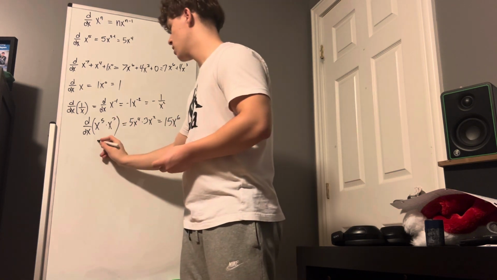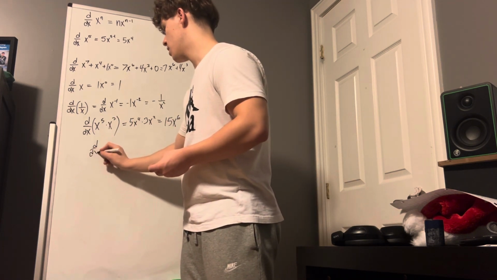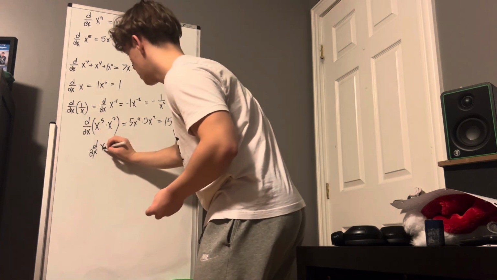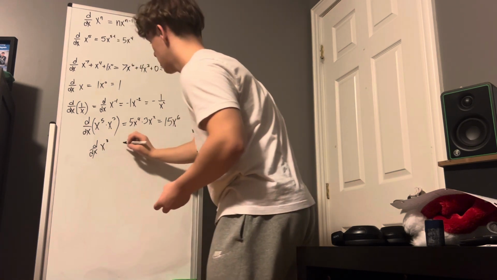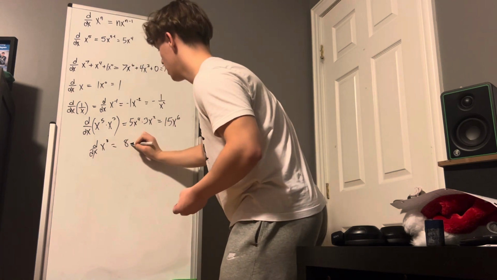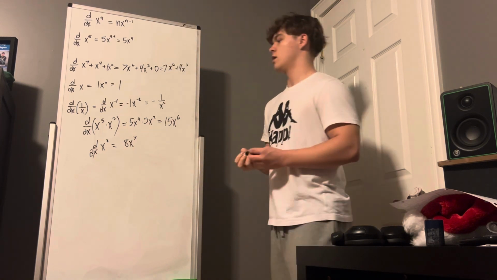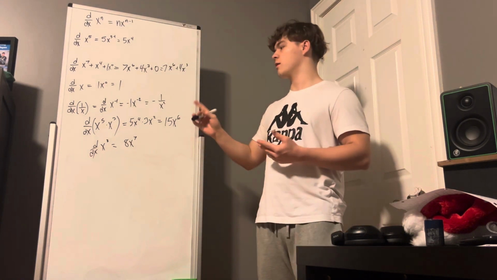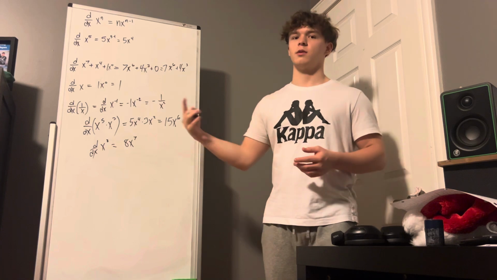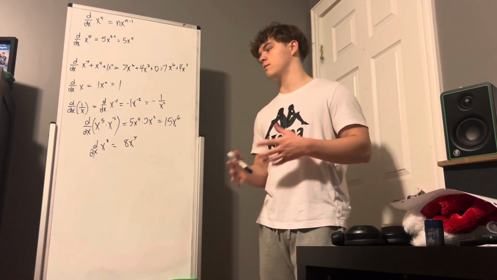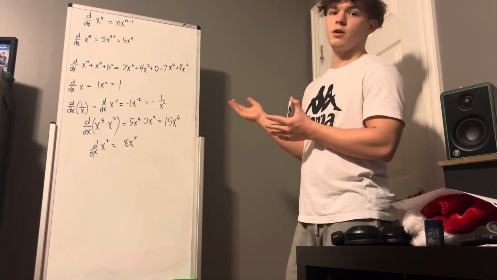It's actually, if we just combine these, x to the 8, we get 8x to the 7. So, not okay. Do not do this. We will learn in the next video what we're going to do instead of that.